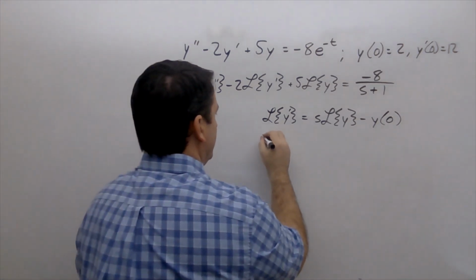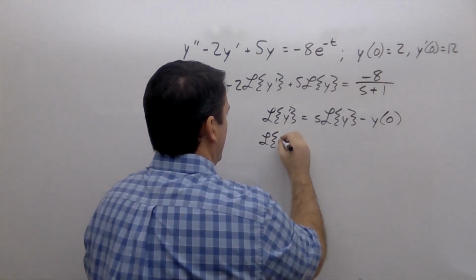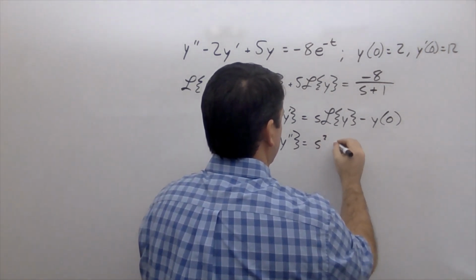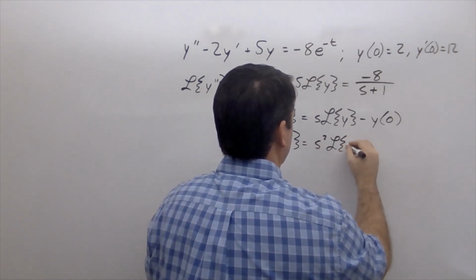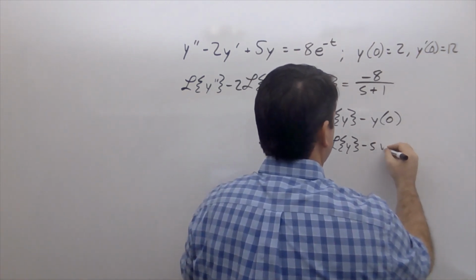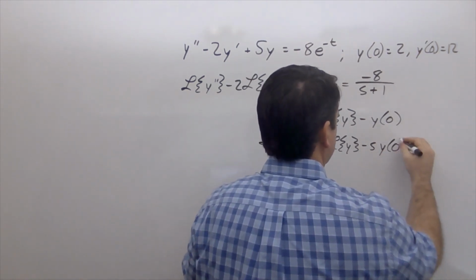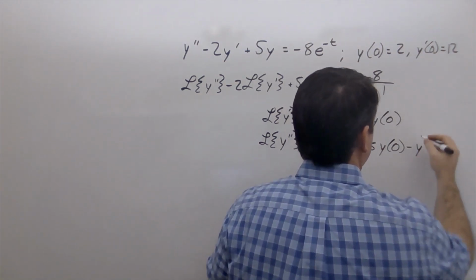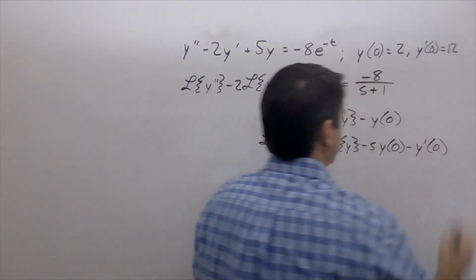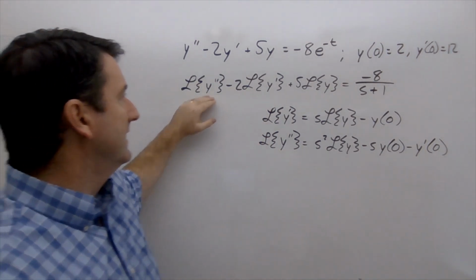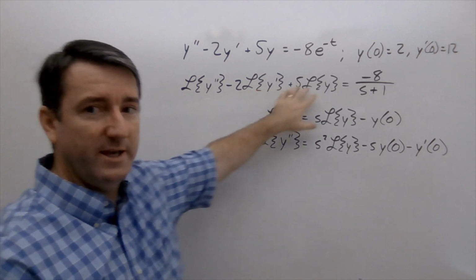And we said that the Laplace transform of the second derivative is equal to s squared times the Laplace transform of the function minus s times the function at 0 minus the derivative of the function at 0. All right, so now let's plug those in up here.